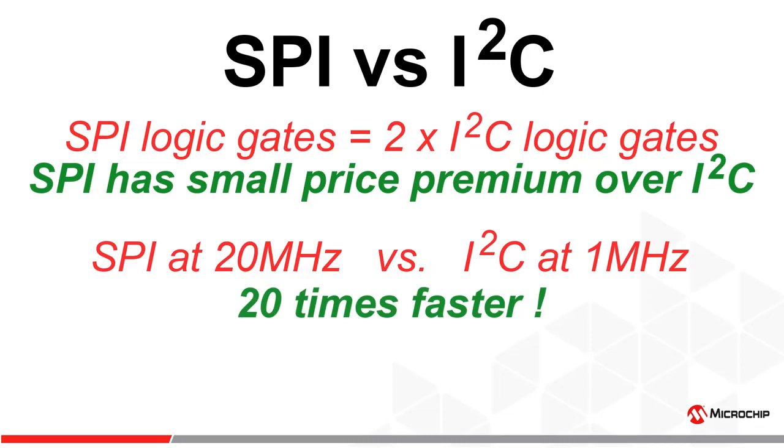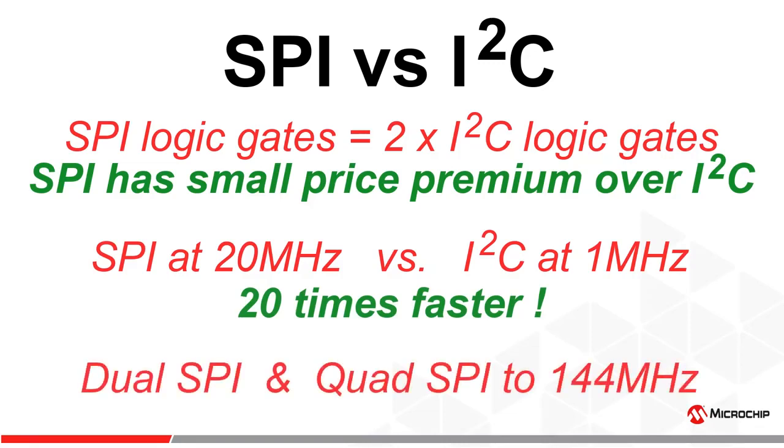Many low-cost SPI devices offer up to 20 MHz clock frequencies, which is a 20 times improvement when compared to most I2C devices. Higher density SPI memories may even offer dual and/or quad SPI to increase the throughput speed up to 144 MHz.